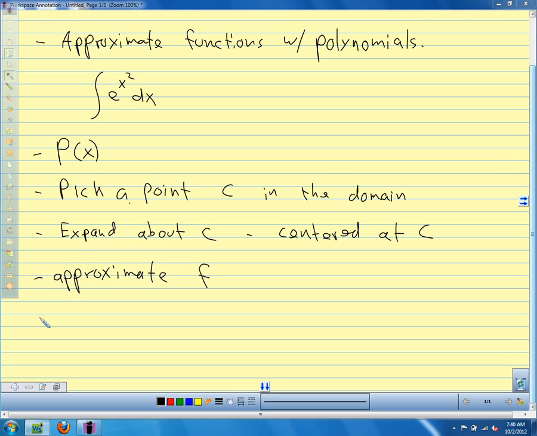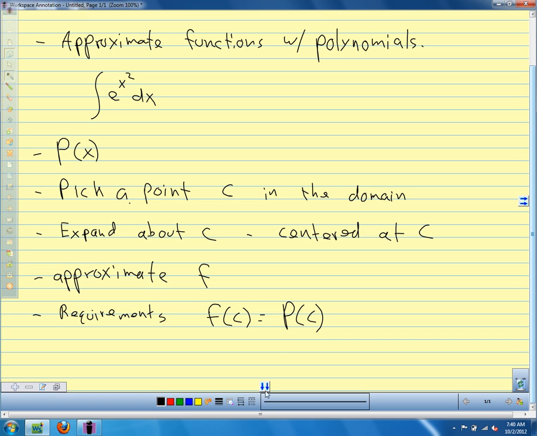And our requirements are, we have some requirements. We want the function and the polynomial to agree at this point. So our requirement for this approximation is that f of c equals our polynomial at c.